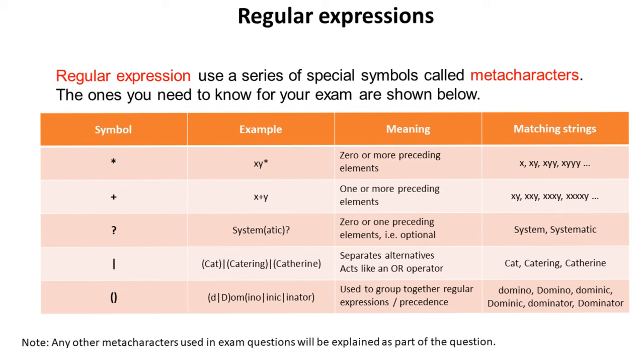So here we have a slightly more complicated regular expression. I can have a D or a D, must be followed by an O and an M, and then I can have INO or INIC or INATOR. And if I run that regular expression, it would be able to match any one of these 6 following strings.